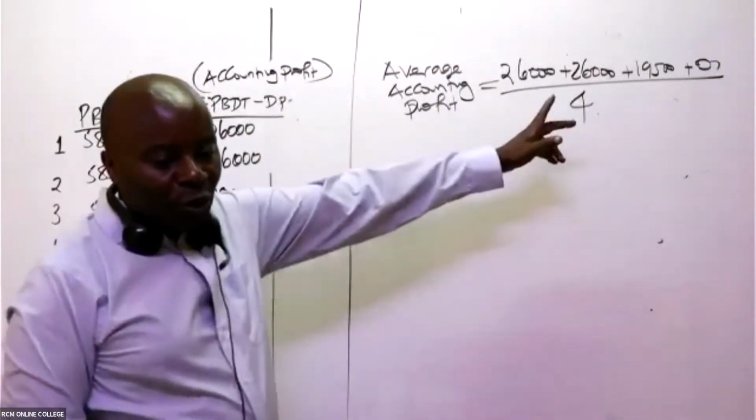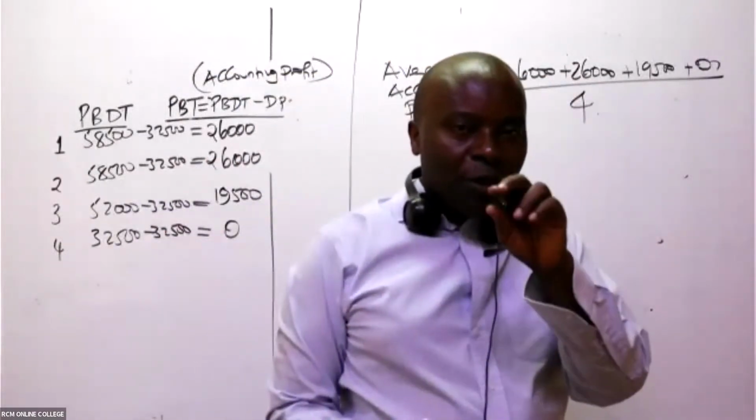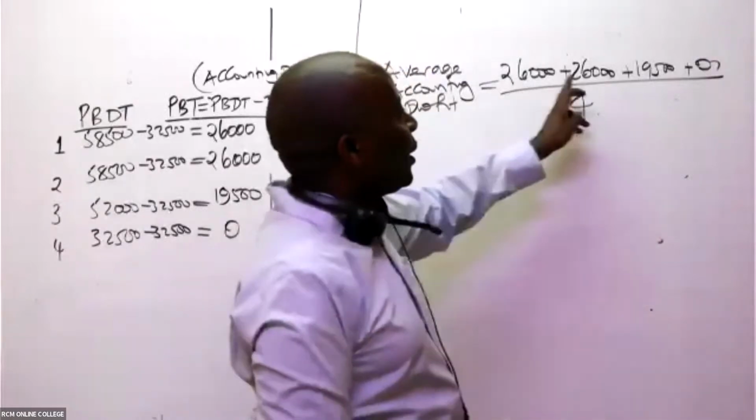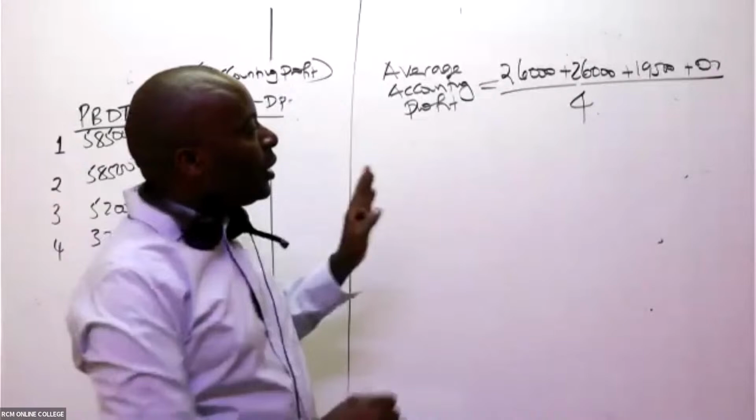Many students were able to reach here, but they thought that 0 cannot be accounted for, so they divided by 3, which was wrong.